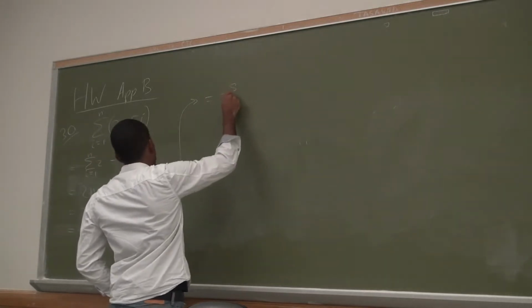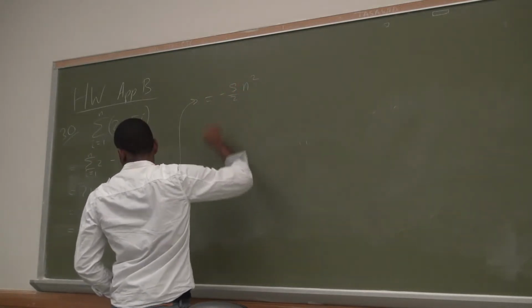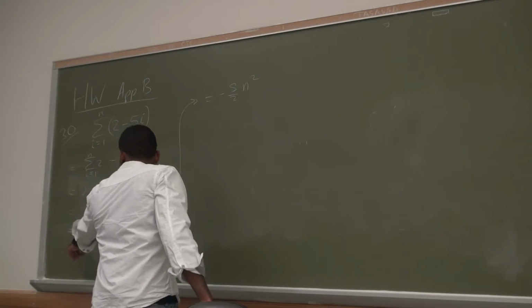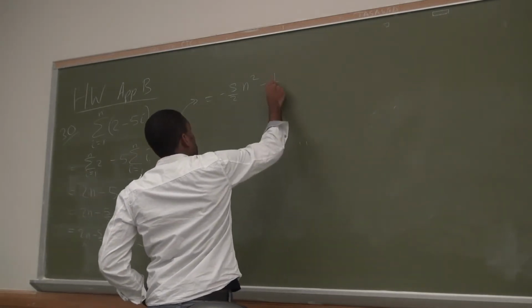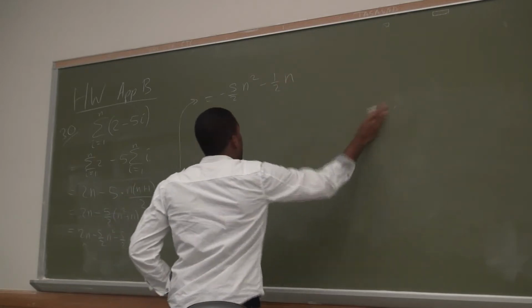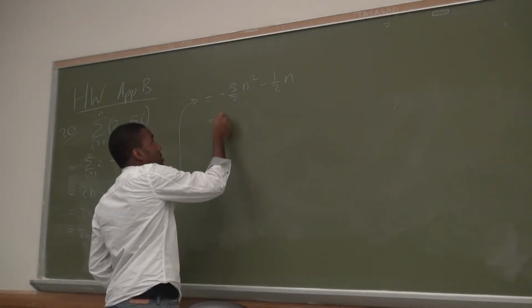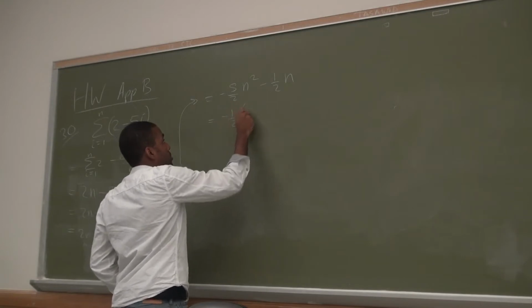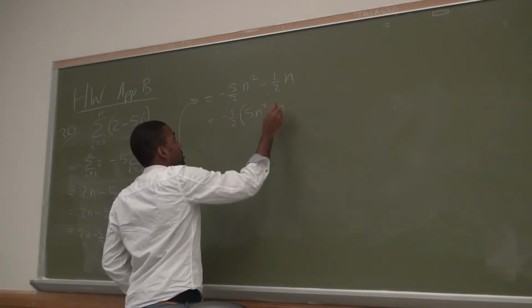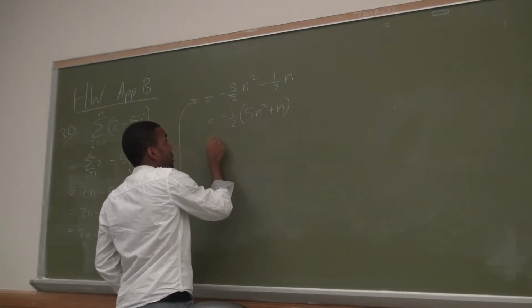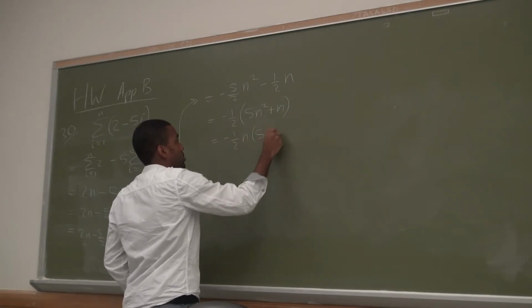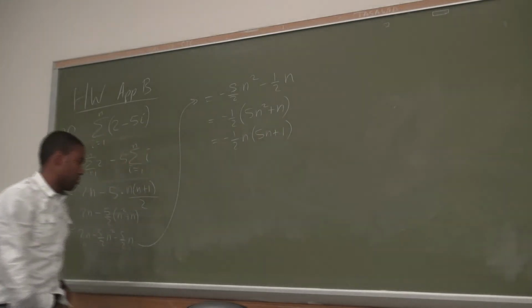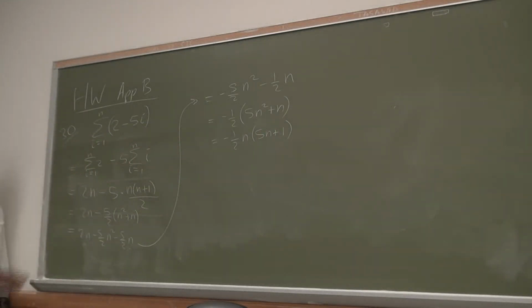So this is minus 5 over 2 n squared, and this is 4 over 2 minus 5 over 2, minus 1 over 2 n. You can write it like that, or as minus 1/2 times 5n squared plus n. Either of these is acceptable to me.